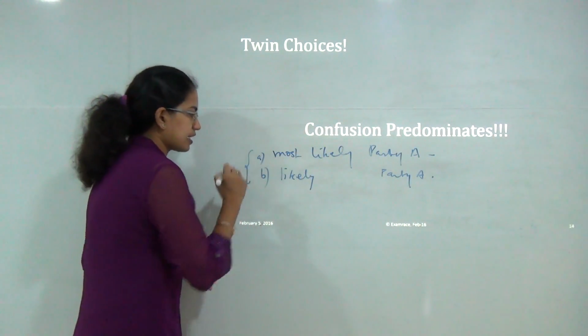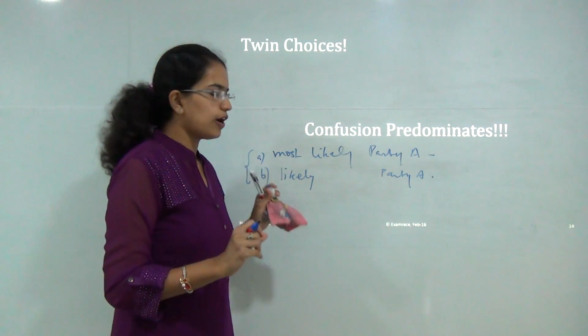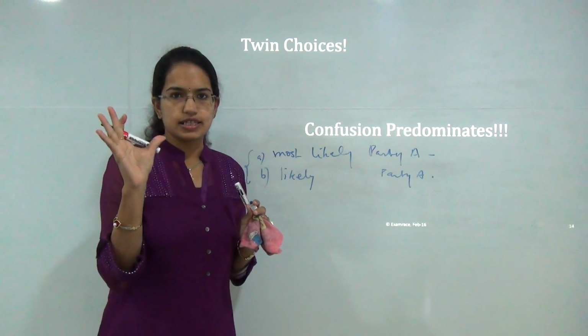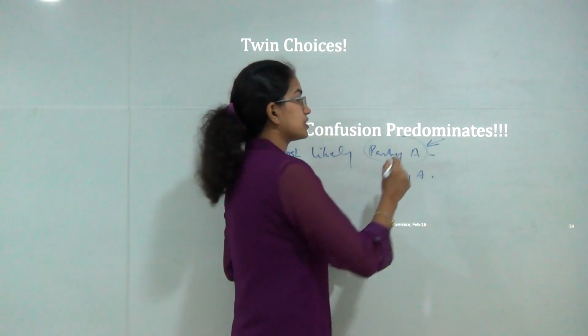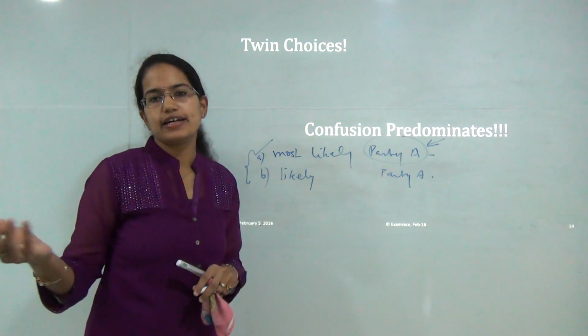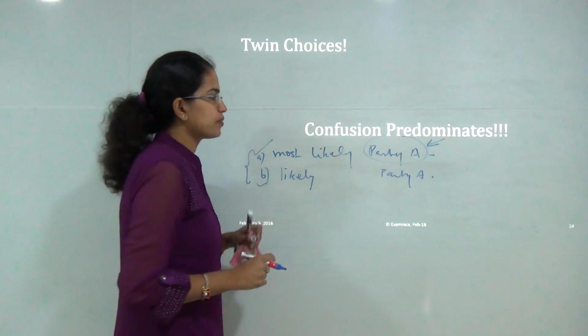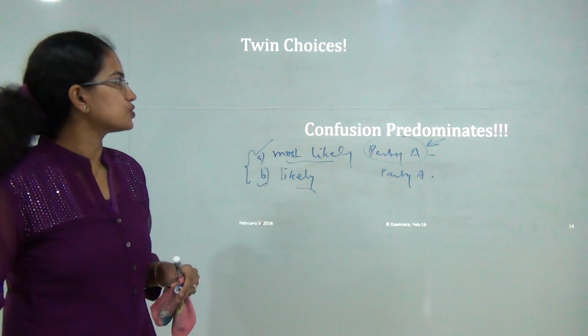Now it is a kind of twin, similar choice. You need to find out where the strength lies. If you feel party A is about to win the election with higher confidence, you must mark most likely, otherwise you can mark it as likely. So it is here where language creates a lot of confusion.